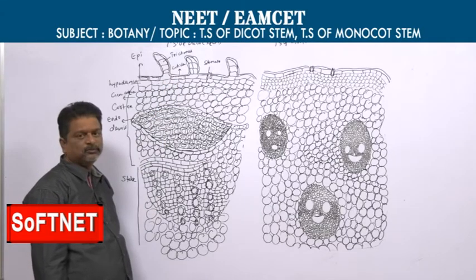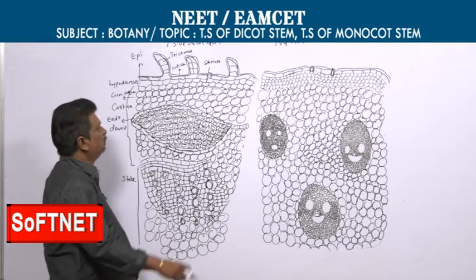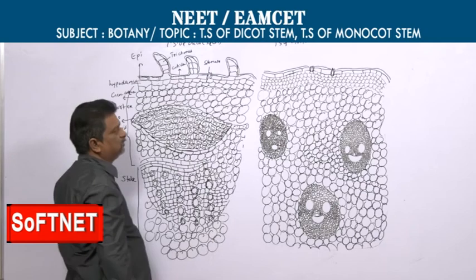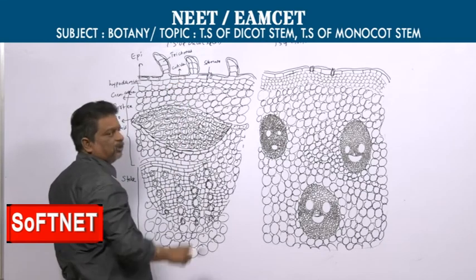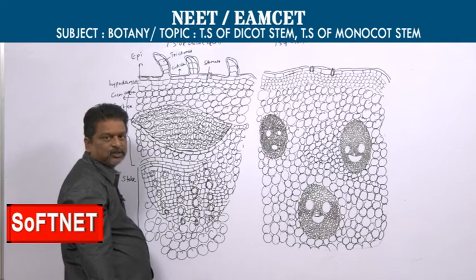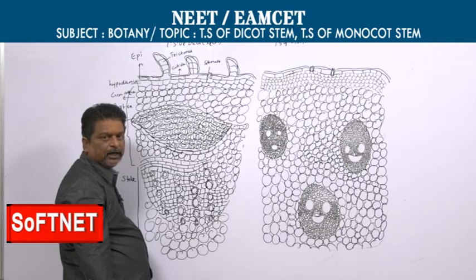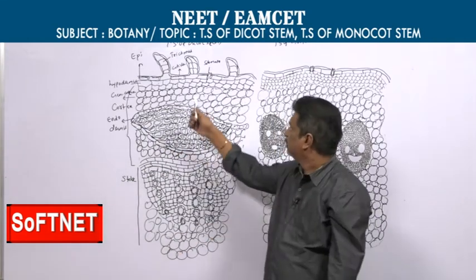Then collenchyma is living tissue, and more amount of pectin is present. So it is called a pectinized mechanical tissue. It provides mechanical support. Particularly, it gives tensile strength or elasticity.